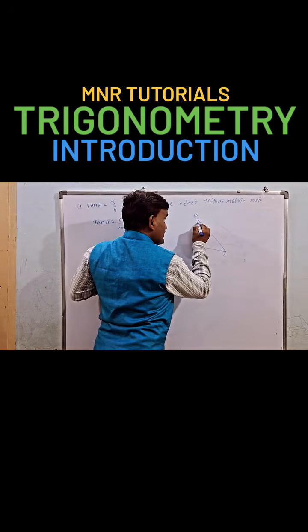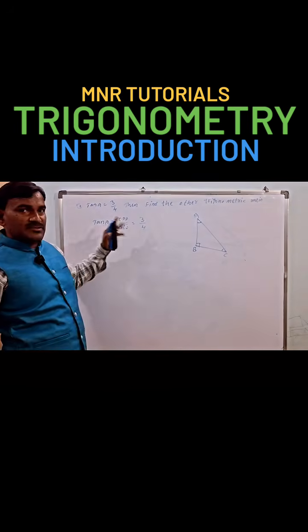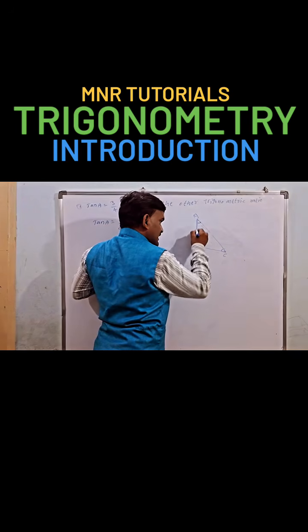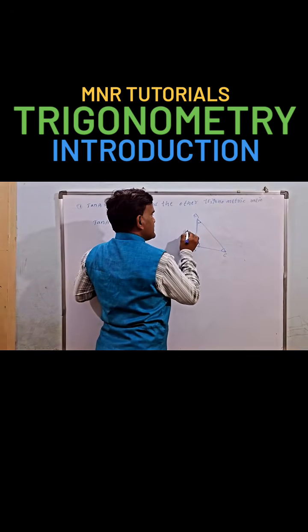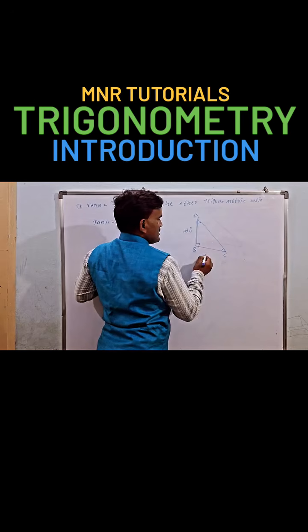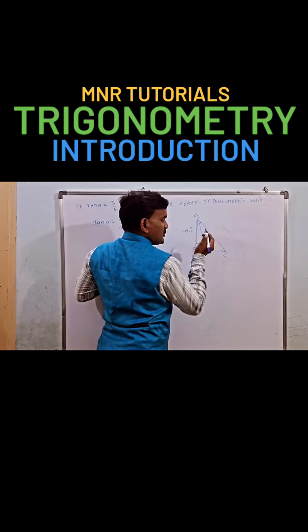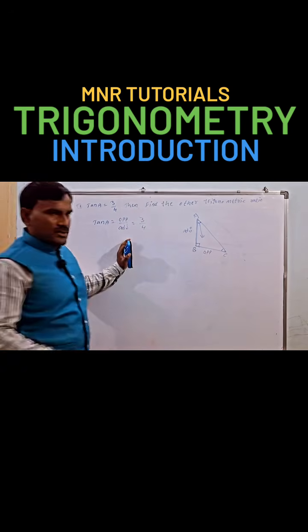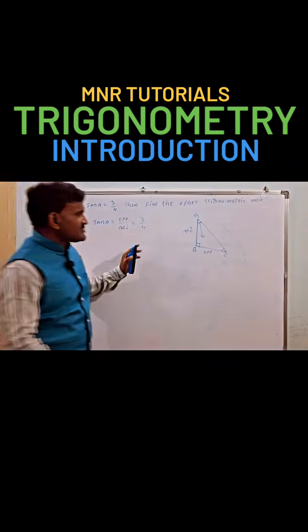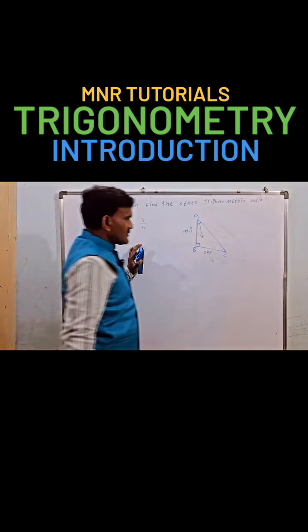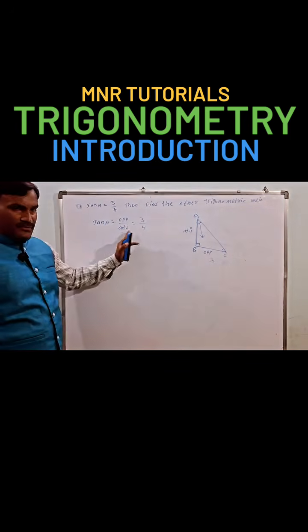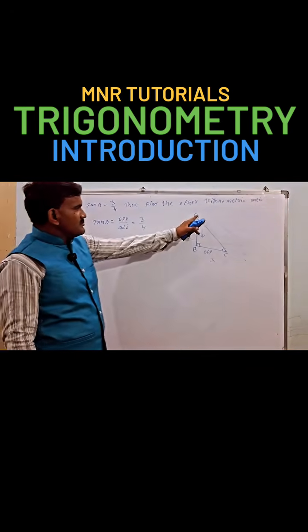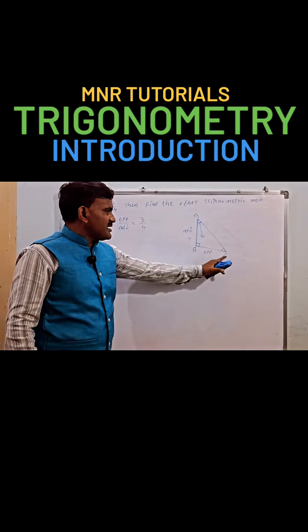Here the opposite side is 3 and the adjacent side is 4. So AB is 4 and BC is 3.